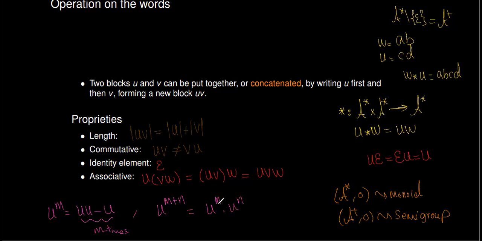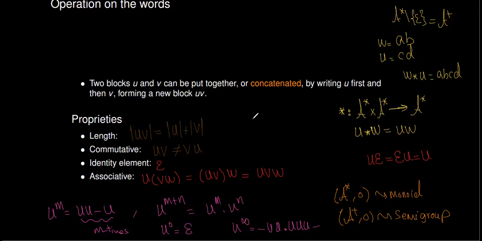Also we can say that u to the 0 is equal to epsilon, and u to the infinity means u repeated at every position. So we have this concept.